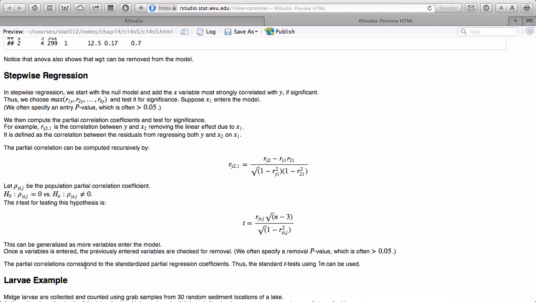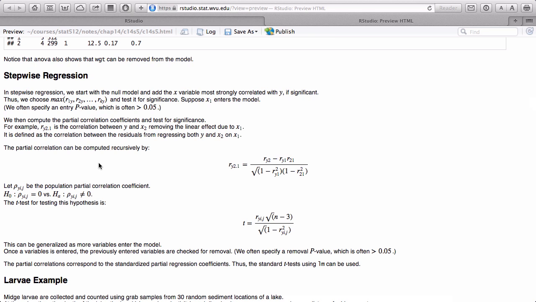Now, once you have put x1 in the model, then you might want to ask, what is the partial correlation of y with x2, removing the effect of x1? That's called the partial correlation between y and x2, removing the effect of x1. You can actually compute this from the simple correlations, and I'm not going to spend a lot of time on this.